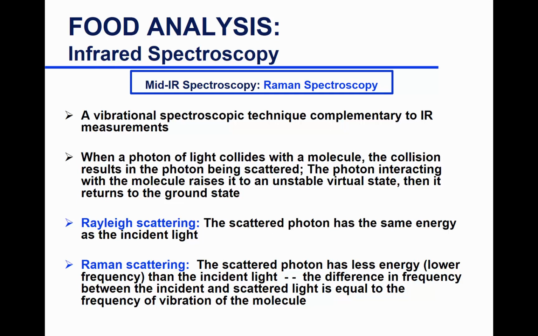In this case, the scattered photon has less energy than the incident beam because the particle did not go back to the original vibration state and went to a slightly higher energy state.